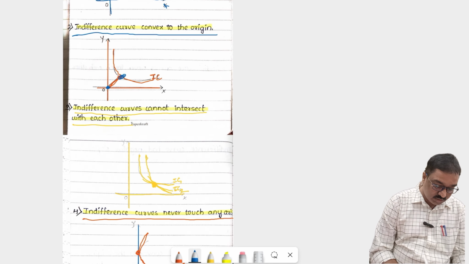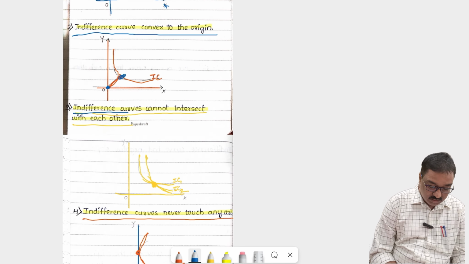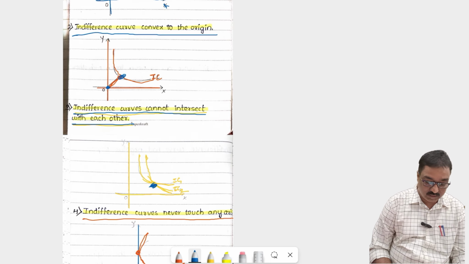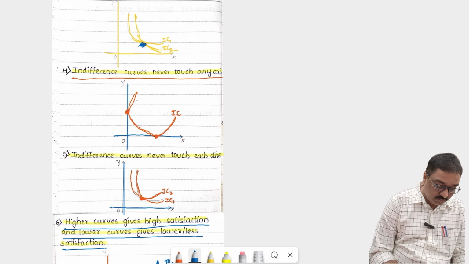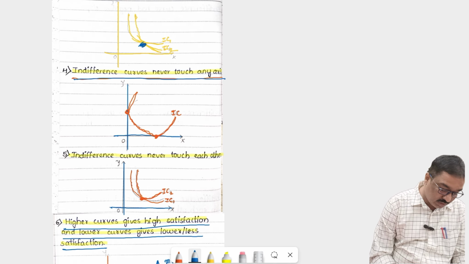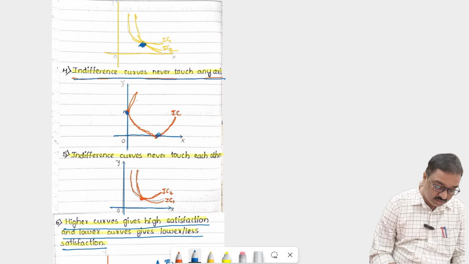And third, indifference curves cannot intersect each other. Fourth, indifference curves never touch any axis, the y-axis or x-axis.